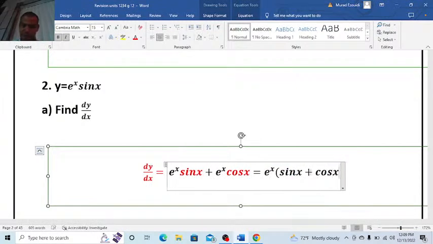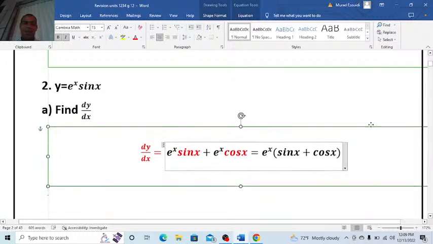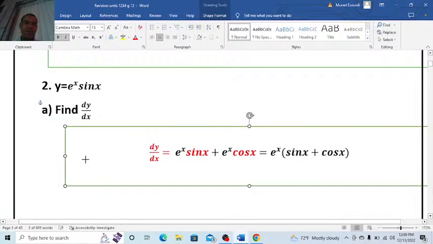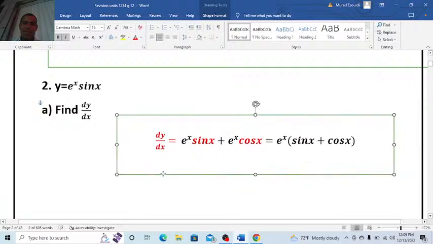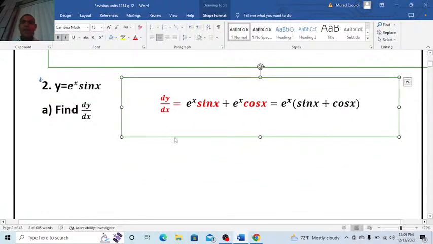Then I close the parentheses. This is the first derivative of the function. I wish that this is clear for you, my learners, and I wish that all of you are now, let's say, familiar with these questions. Now we move to the next part.